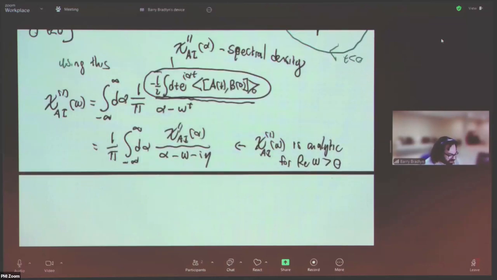So this spectral density, the reason why it's called the spectral density is because if we insert a complete set of states, unperturbed energy eigenstates into this commutator, the time dependence here will give us some e to the I times energy difference times time factors. When we do this Fourier transform, what we actually end up with is just a delta function that restricts alpha to be equal to some energy difference.